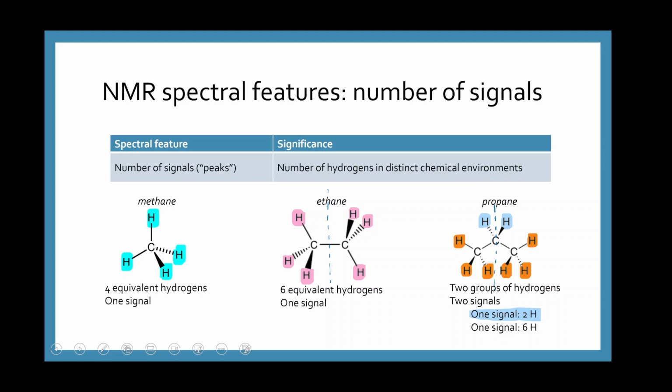One signal corresponds to the 2 hydrogens in the center, the CH2 group, and the other signal would correspond to the 6 hydrogens in the CH3 groups. Okay, so as you're looking at a molecule, you're identifying hydrogens bonded to different carbons. They would each produce a different peak unless you have a plane of symmetry in the molecule. And in that case, they would be the same peak.